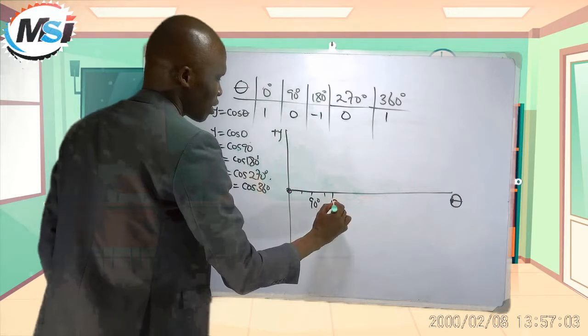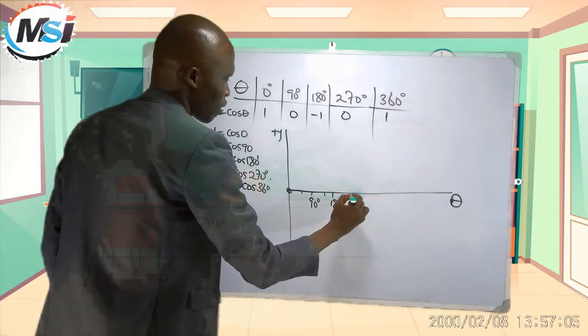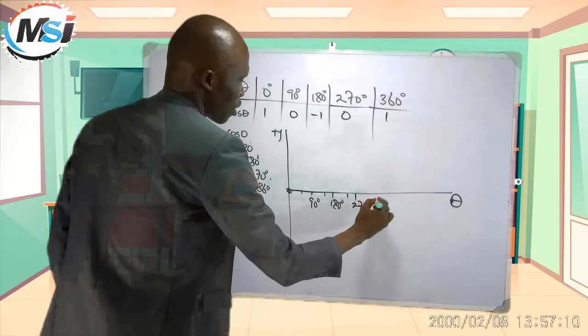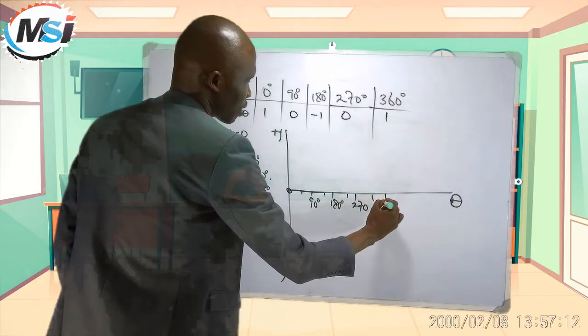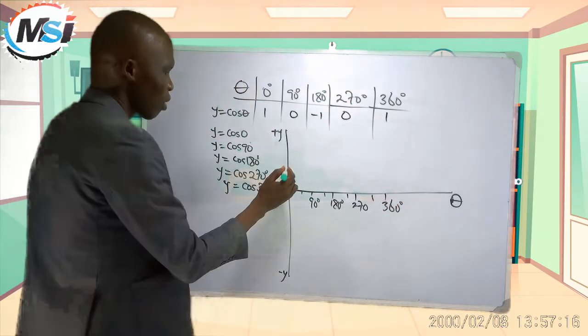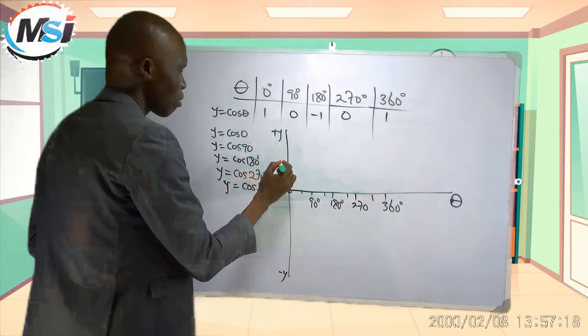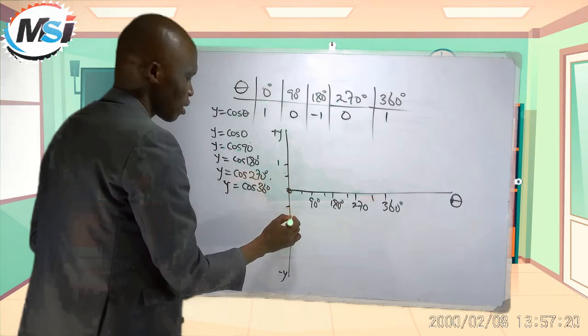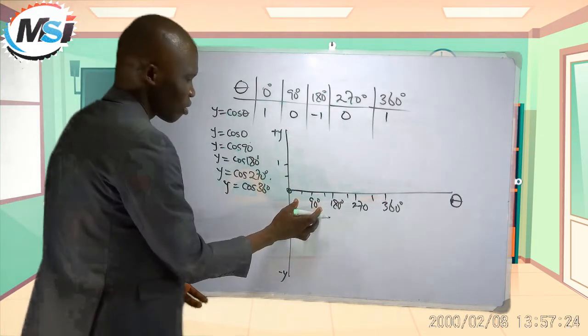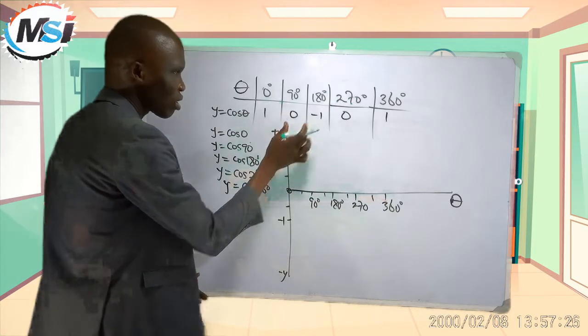This is 180 degrees. And this is 270, and this is 360 degrees. Now from here we can have 1 and we can have minus 1.